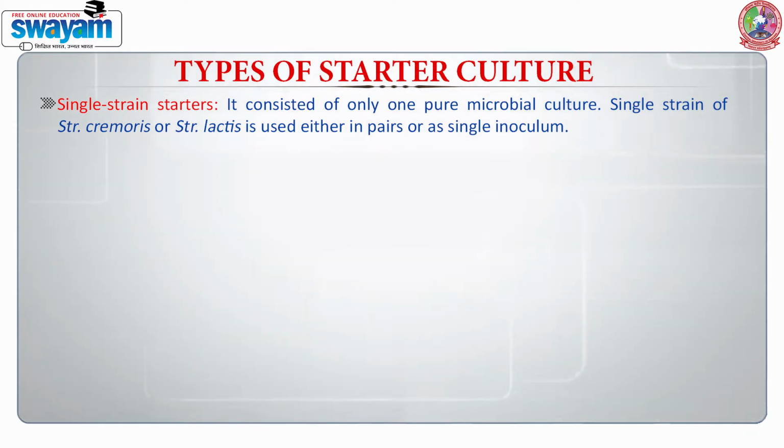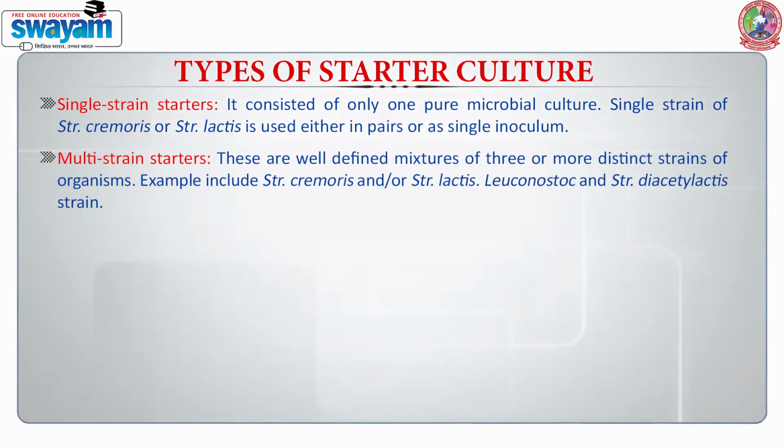The second category is multi-strain starters. These are well-defined mixtures of 3 or more distinct strains of organisms. Examples include Streptococcus cremoris, Streptococcus lactis, Leuconostoc and Streptococcus diacetylactis strains.